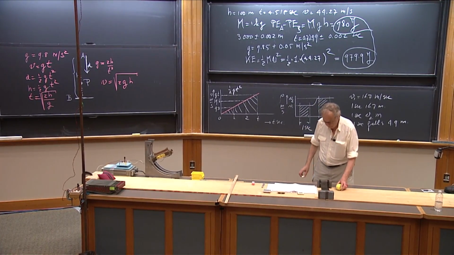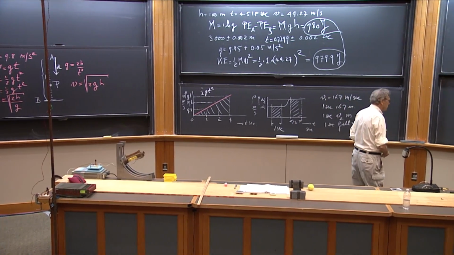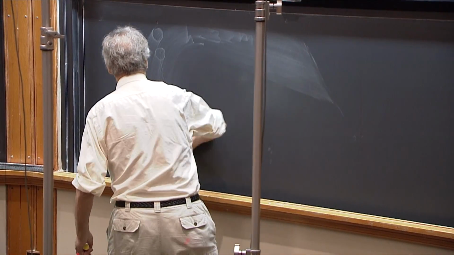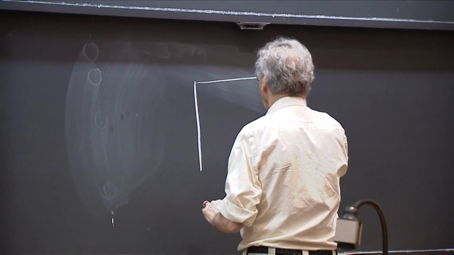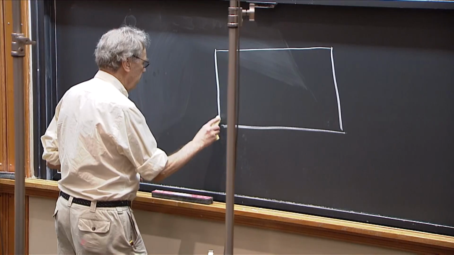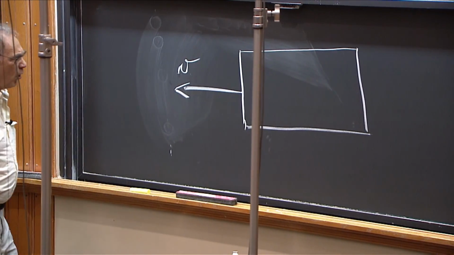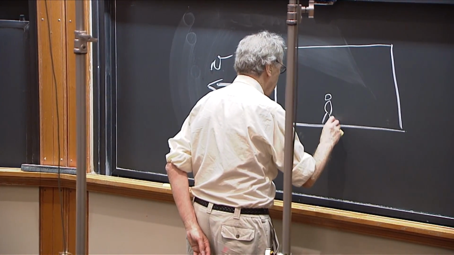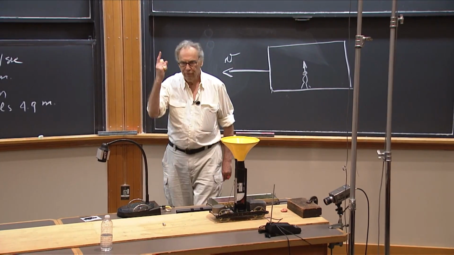But now, let us suppose that I do this demonstration when I'm in an airplane. Here's my airplane, and my airplane is with a constant velocity going in this direction, and here's Walter Lewin, and I throw the ball up, vertically up.